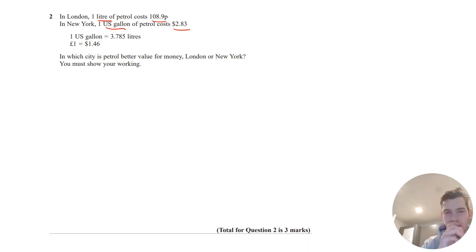But I actually think that if we start off with the London ratio, 1 litre will cost us 108.9p.